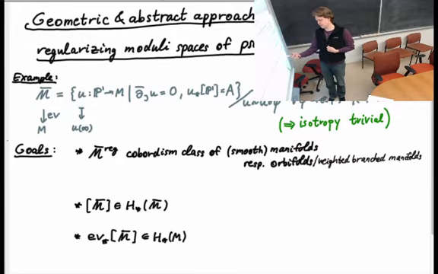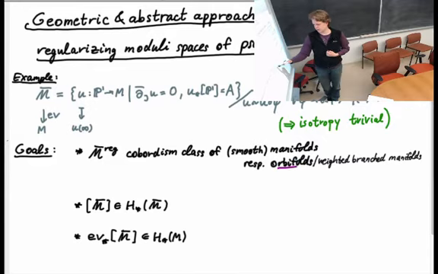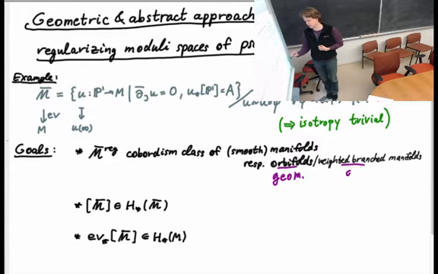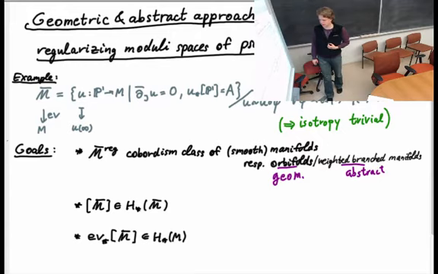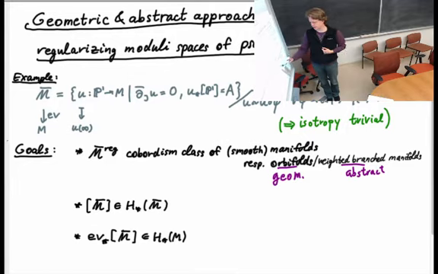And when there is isotropy in the geometric world, you would expect orbifolds. And it will turn out that in the abstract world, we're not going to really see orbifolds, but weighted branched manifolds. But that's not so bad because you can turn orbifolds into weighted branched manifolds.